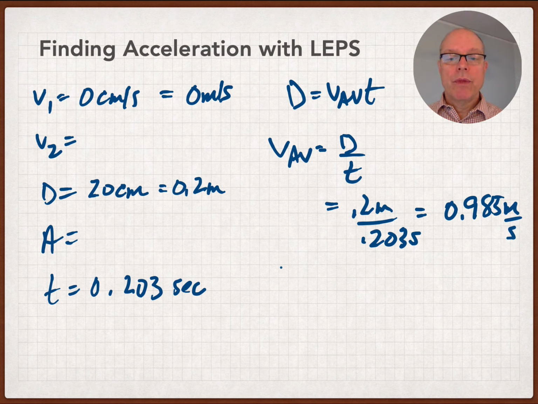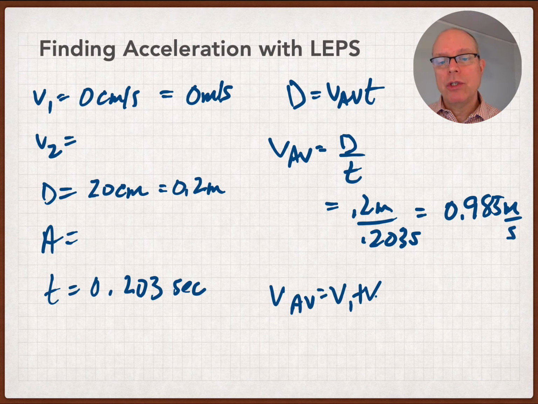The second thing we're going to do is use the fact that the V average is equal to V1 plus V2 over 2. Since we know V1 is 0 and we know the V average, we can multiply it by 2 and figure out what V2 was. So V2 is equal to 2 times the V average we just figured out.